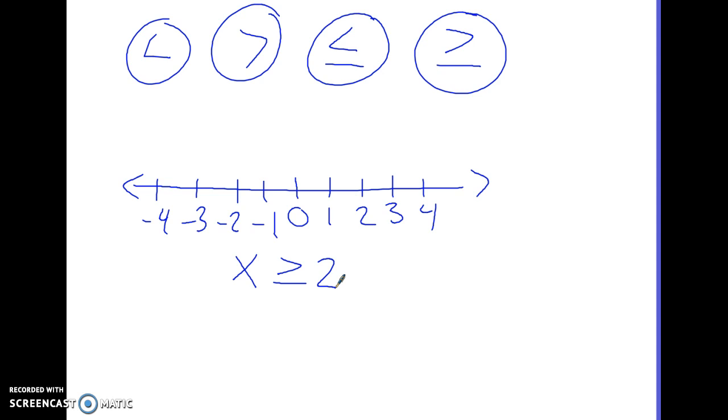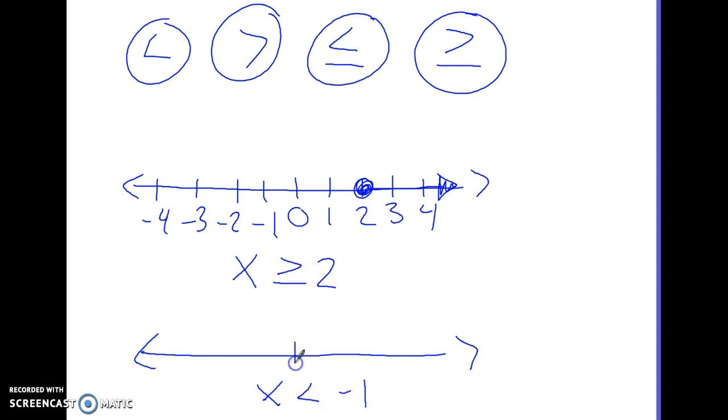Since it could equal 2, we're going to put a closed dot, and then we're going to draw an arrow where the numbers are greater than 2, so in this direction.